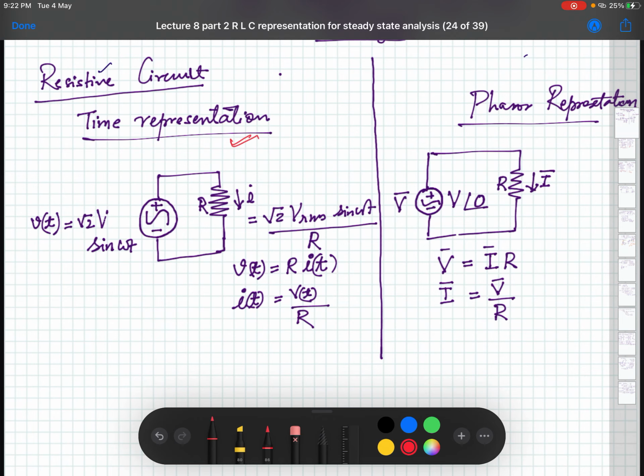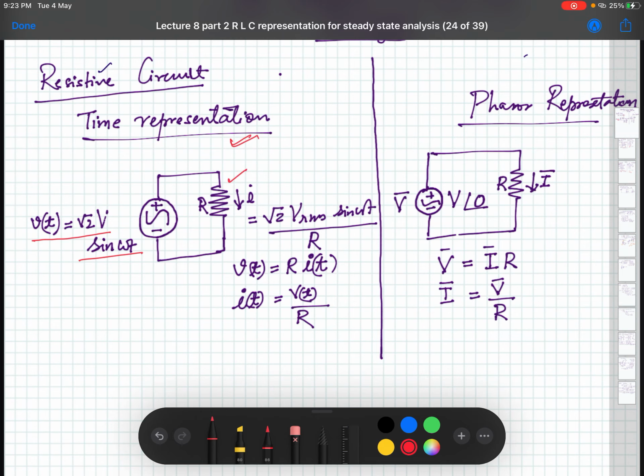Suppose this is the voltage source representation in the time domain, or sinusoidal representation: root 2 V, where V is the RMS value, so the peak times sine omega t is the usual representation of a source. Then you have a resistance over here.